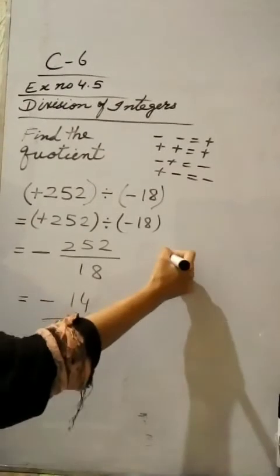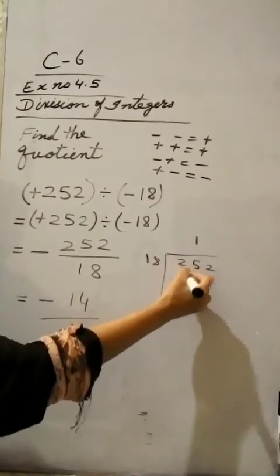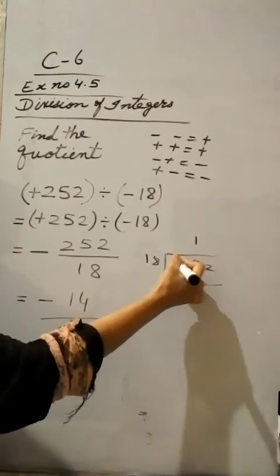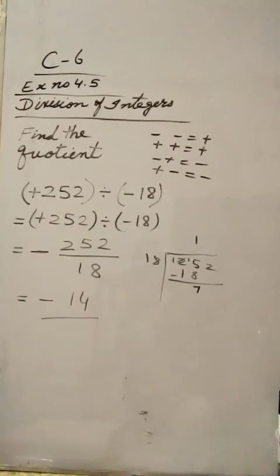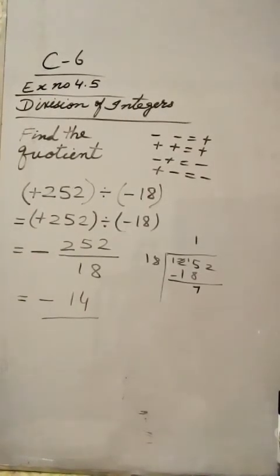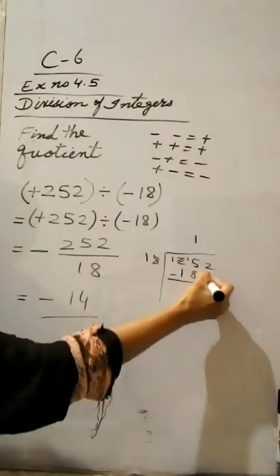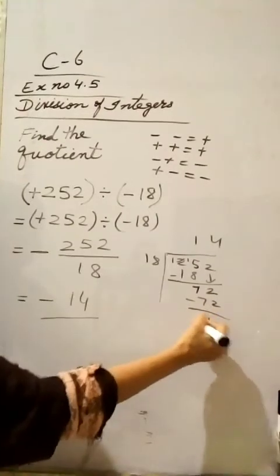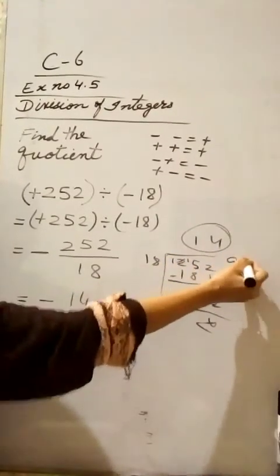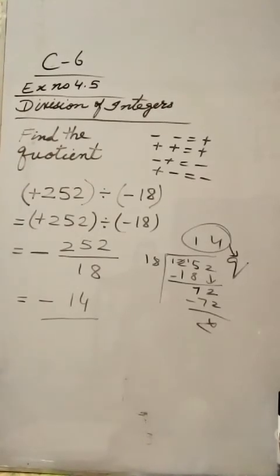When we divide 252 by 18, 18, 1 time 18, borrow, 15 minus 8 is 7, write down 2, then 18, 4 times 72. So this is called quotient. That's why minus 14 is the answer.